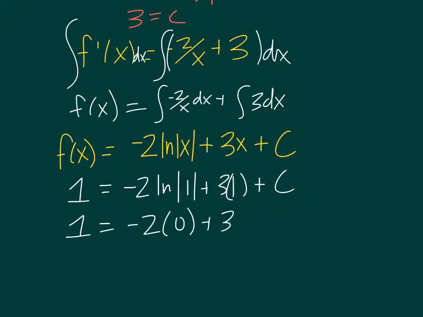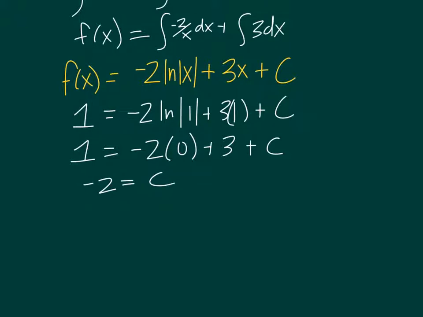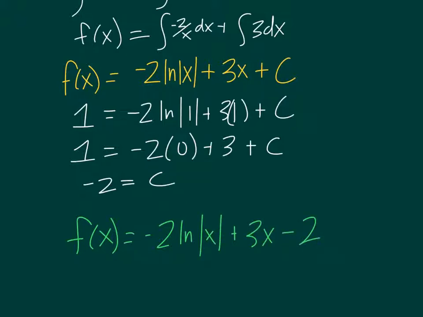Please know that. Okay, so if I solve that, negative 2 times 0 goes away, I have a plus 3, I'll subtract 3, I get negative 2 equals c. So my function, which I'm going to write in green here, my final function, is negative 2 natural log of the absolute value of x plus 3x minus 2.